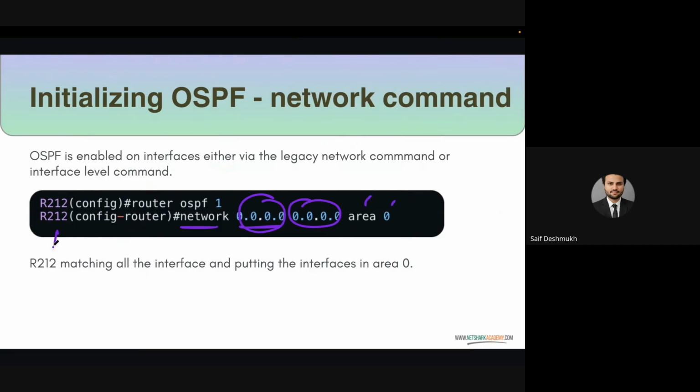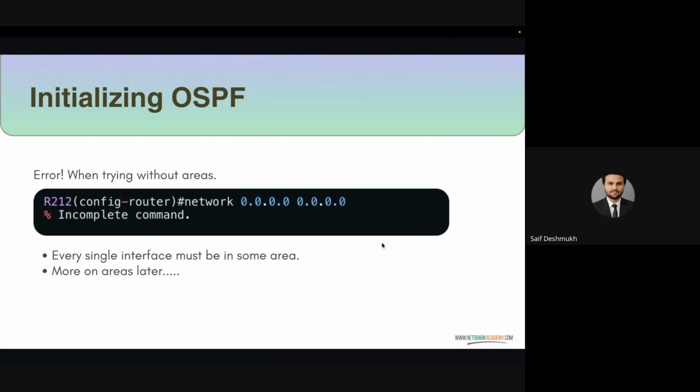So basically this router is matching all interfaces and putting them in area 0. If you don't provide area 0 and you just hit enter, it will say it's an incomplete command. It will not even accept that command. So by design, you have to put at least one interface in a specific area.